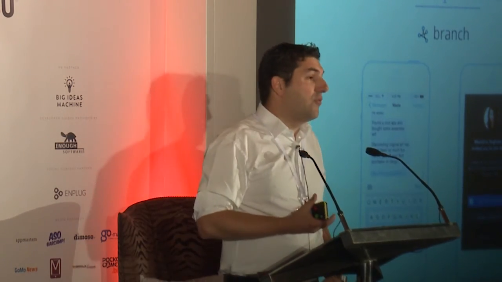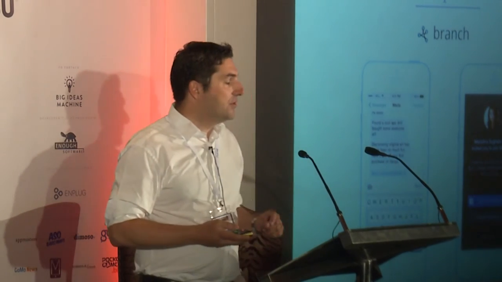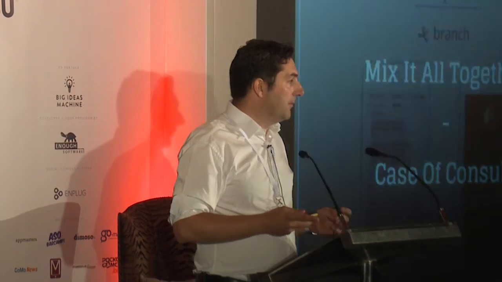Branch, which is a partner today, provides something that will make your referral program personal. If I invite James, when we launch the app, it will say, oh, Alex sent you this gift, which is much more personal, and the conversion is, of course, much higher. So look at this kind of solution. It's really interesting regarding the amount of conversion.